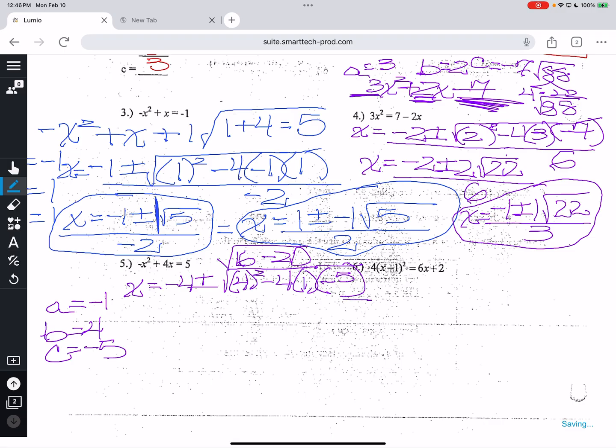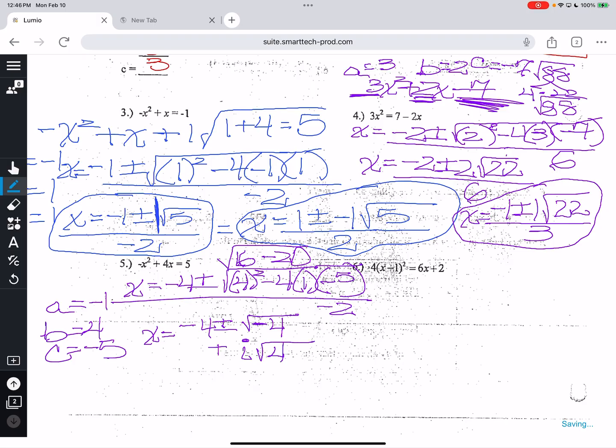So that's all over -2. So we would have x equals -4 plus or minus. We know when we have radical -4, the negative comes out as the imaginary number, which leaves us with a +4.